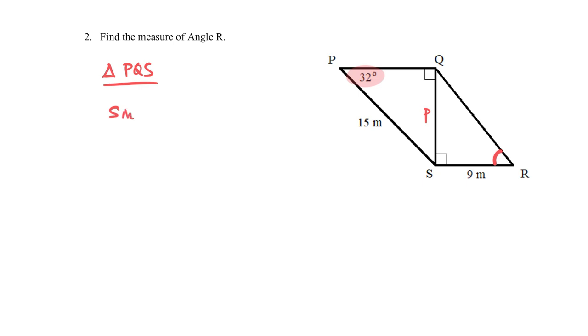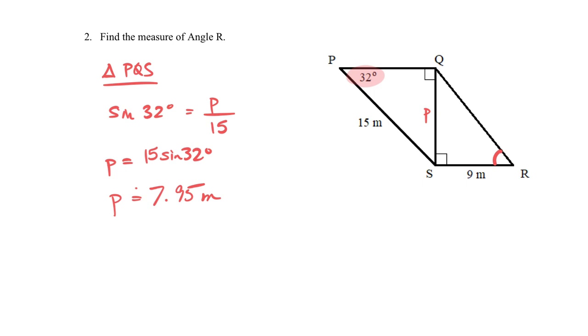So my sine of 32 is going to equal my opposite side over my hypotenuse. Multiply it out, and calculate it and round off. We get a value of 7.95 following our rounding rules.